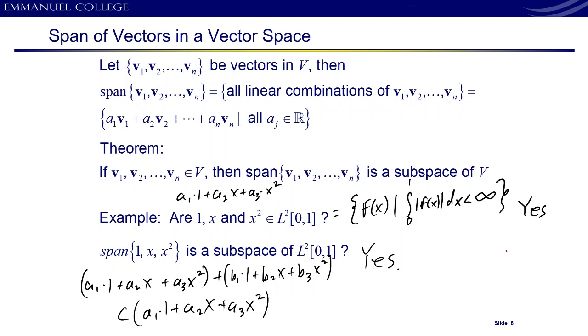And technically, what I should be checking for these is still the integral. But like I said before, the integral of x squared and a constant are still going to be finite on 0 to 1. All the constants out front just change whether it's a larger value or a smaller value. That's all they're going to change, but they're never going to make it infinite. And that's the key thing.